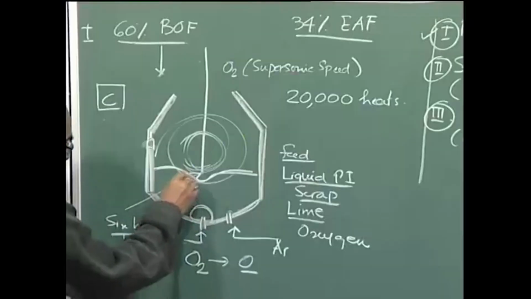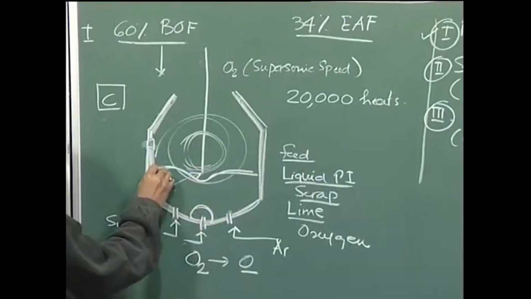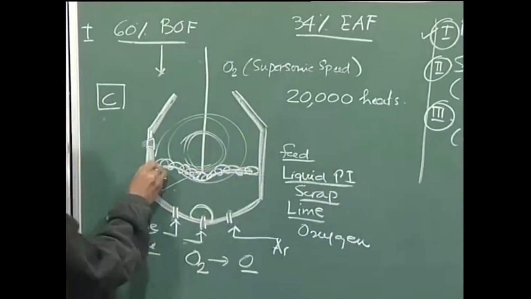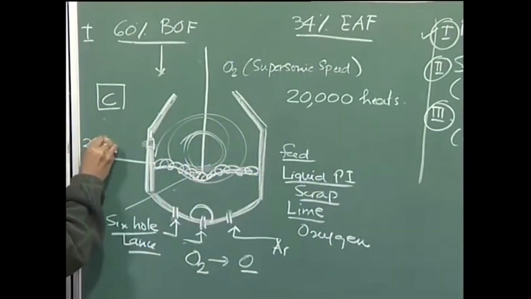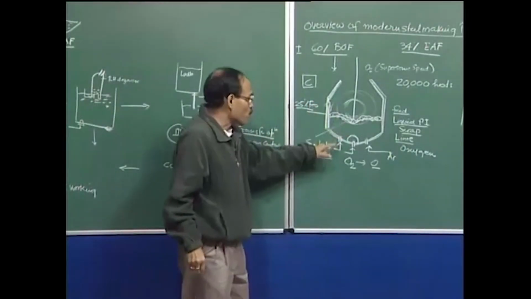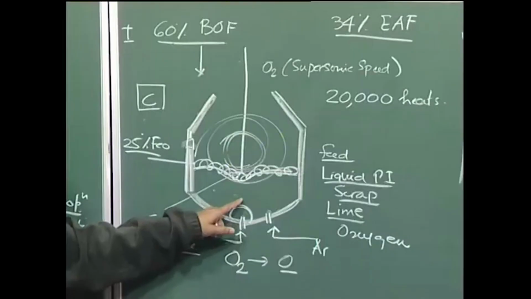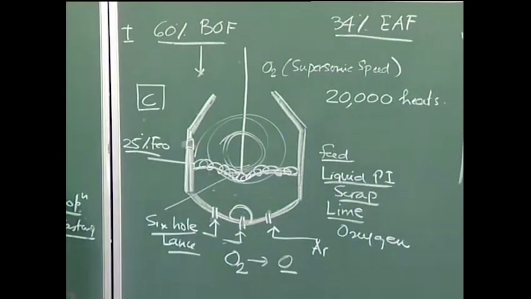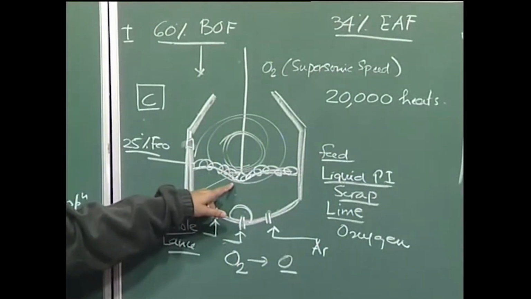Once we decarbonize the bath, we say that steel is made, and we must understand that along with steel, as we refine the steel, we also produce a lot of slag, which has a high percentage of iron oxide. It is a highly oxidizing slag, because when you oxidize carbon, silicon and phosphorus, since iron is abundant, some amount of iron also oxidizes, and whatever oxidizes goes to the slag phase, as you all know.